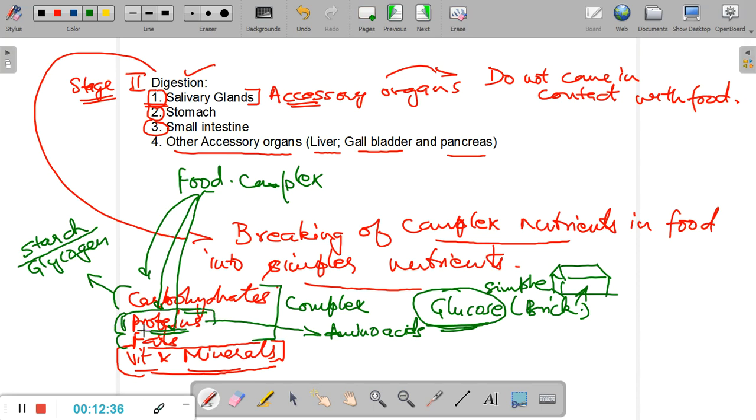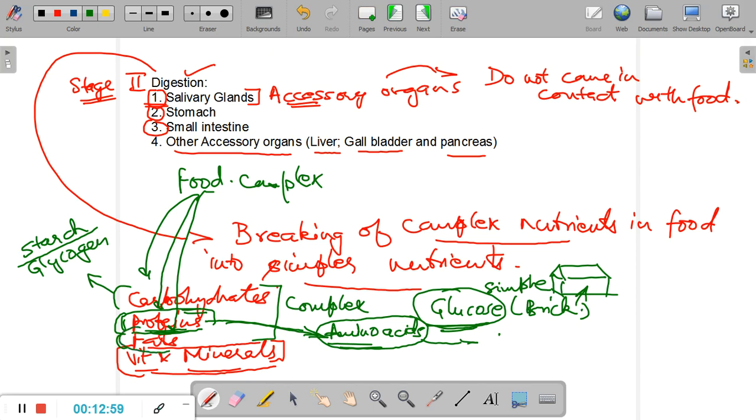These proteins are complex. They are very complicated in their structure, and they must be broken down into amino acids. And once we digest the proteins and convert them into amino acids, we can use these amino acids to make proteins of our own choice. See, our body does not have the same proteins the plants have.